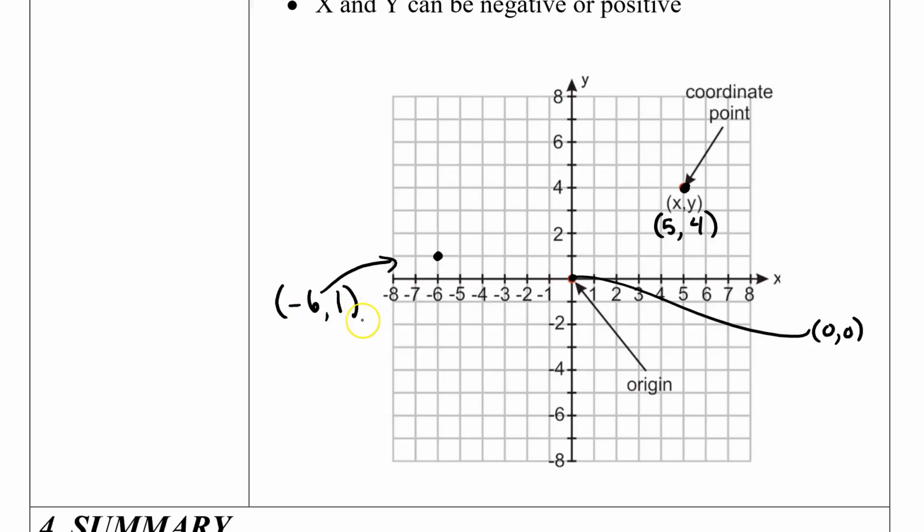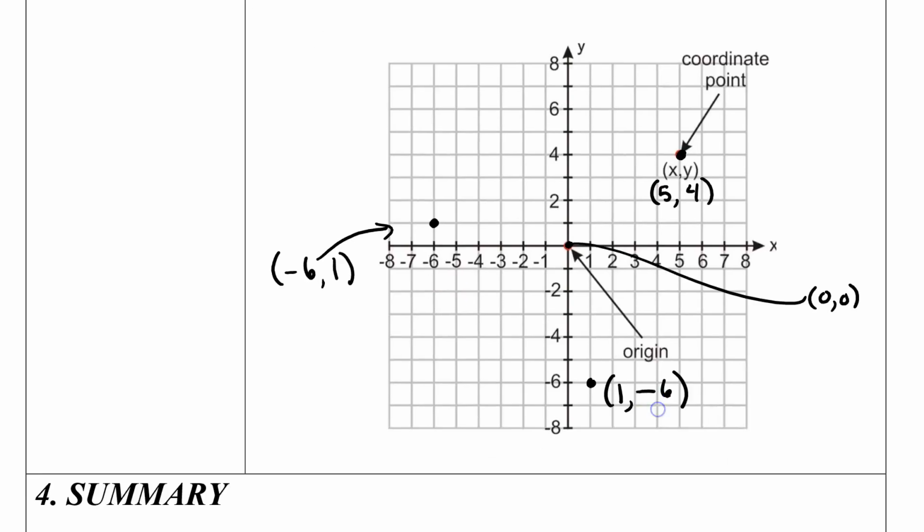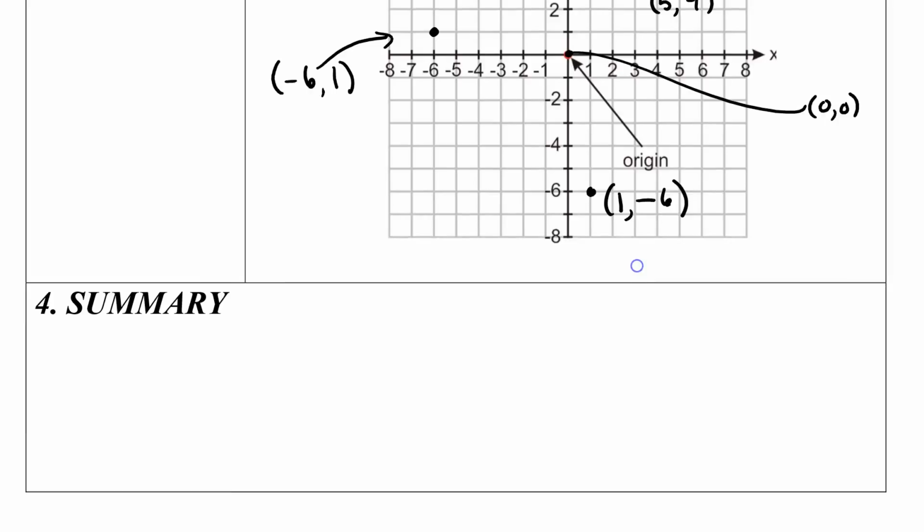Okay, they'll switch up these 2. But 1, -6 is actually down here. This is 1, -6. So you can see that the order, the x and the y, is super important. Because are we talking about this point, -6, 1, or are we talking about this point, 1, -6?